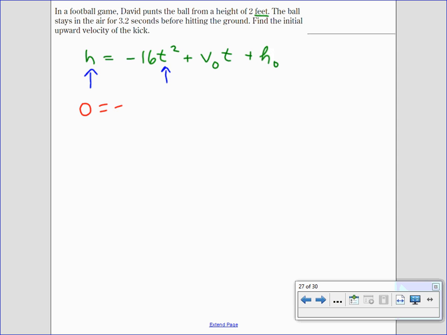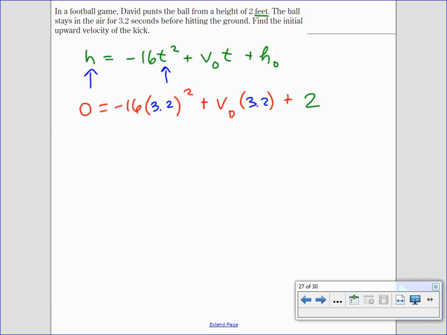We know t is 3.2 seconds. And we know my initial height is 2 feet.